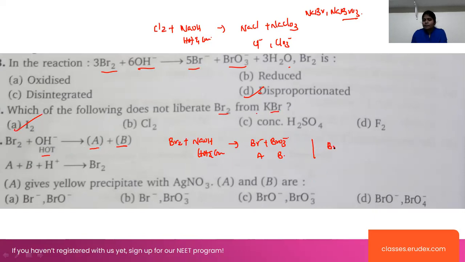Br minus plus BrO3 minus plus H plus gives rise to Br2 here. A gives a yellow precipitate, that means A is Br minus, since when treated with AgNO3 it gives AgBr, which is a yellow precipitate. We already know that AgCl is a white precipitate and AgBr is a yellow precipitate. So the correct options are A and B being Br minus and BrO3 minus.